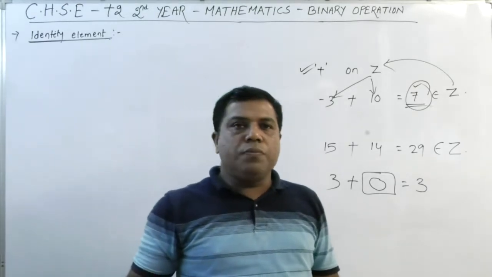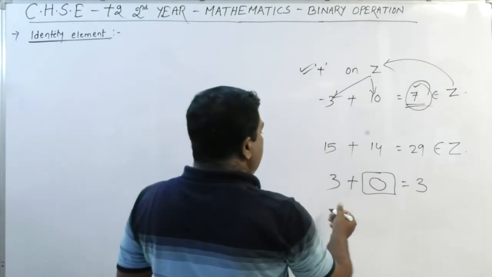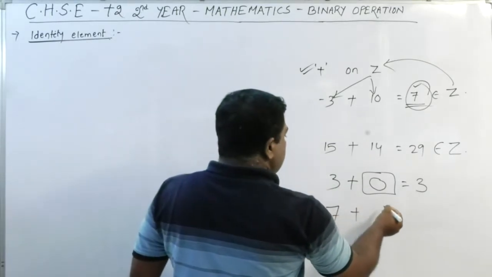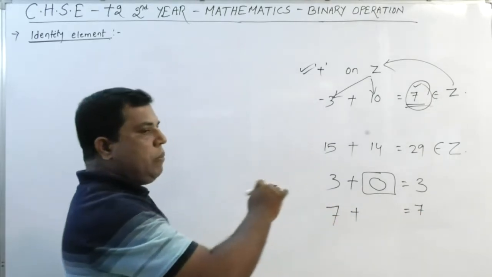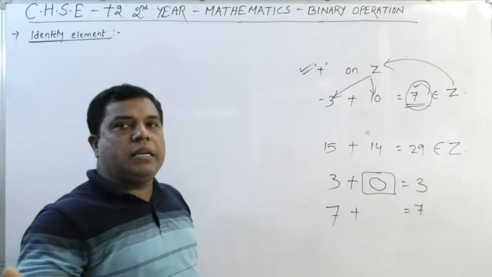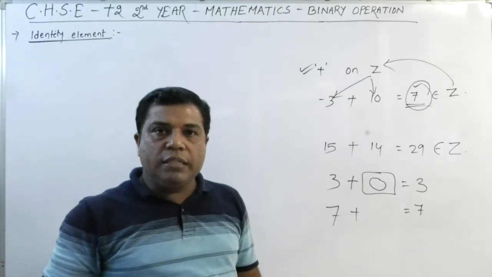So you can verify also. Now take another element. Suppose we take an element 7. Now you see with which number 7 can be added so that the value of 7 remains as it is. The value of 7 remains 7. So is there such an element?